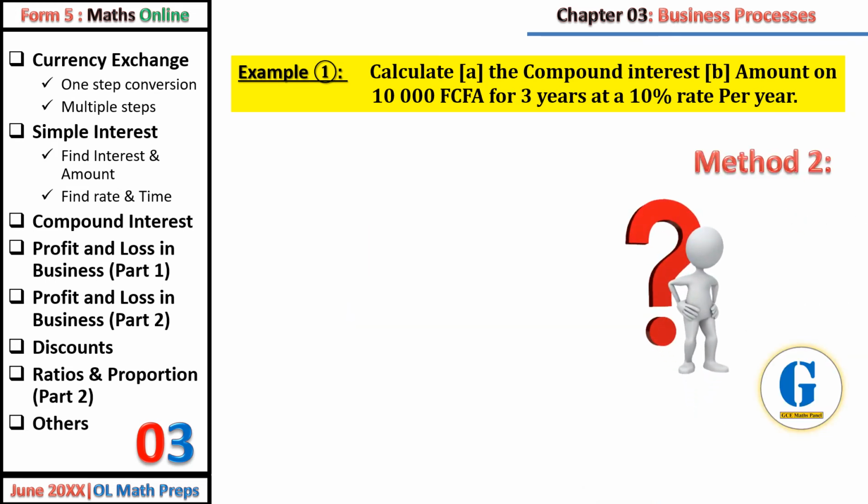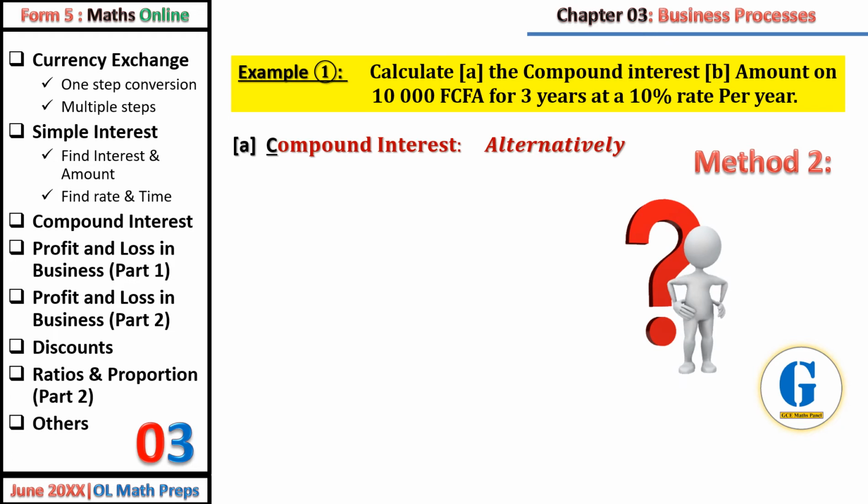We can equally do this problem using method 2 as follows. That's using the second formula which I indicated before, and here the compound interest can be obtained from that formula, amount minus principal. Let's start by getting the amount from that formula.